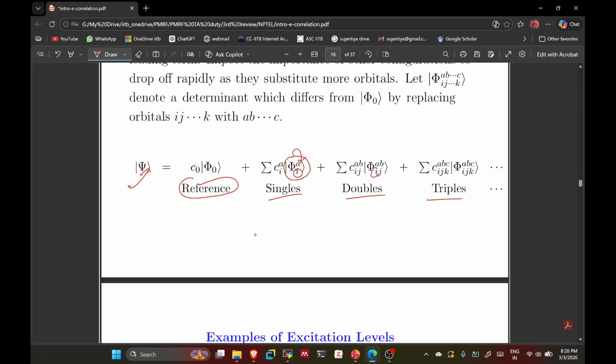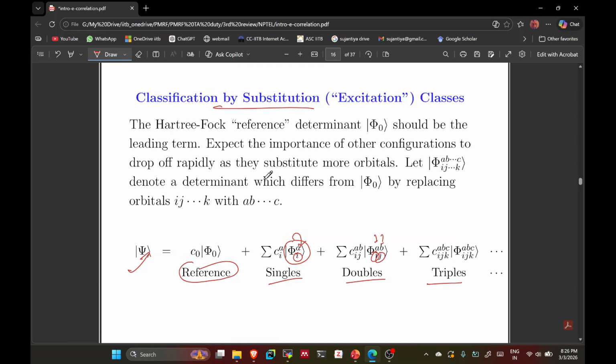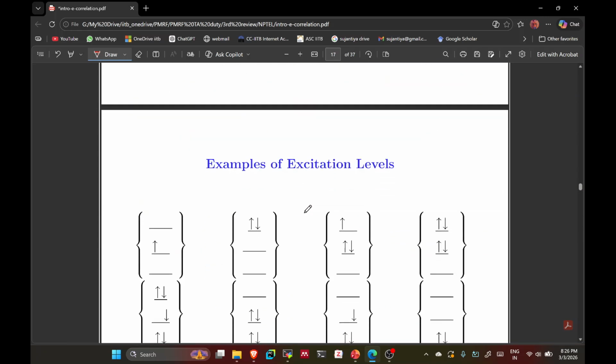And here you are simultaneously exciting the electron from i, placing it at a, and j, placing it at b. So this is the meaning of doubles and triples and so on, right? And if you take the linear combination of these, you can get the exact wave function.